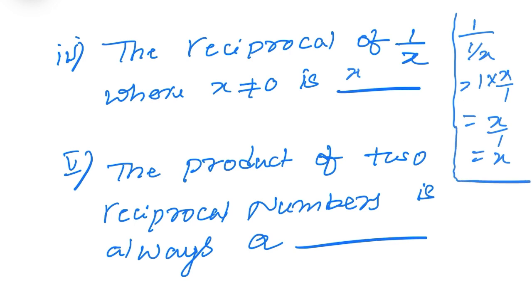So the reciprocal of x is 1 by x. The reciprocal of 1 by x is x. Why is this x not equal to 0 given? If x is equal to 0, the first one itself cannot be defined. 1 by 0 is not defined.